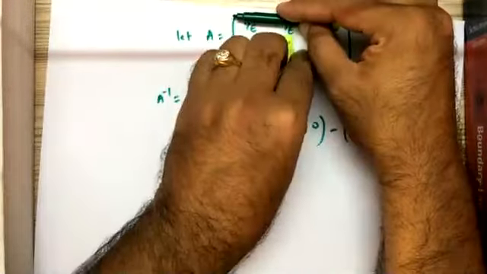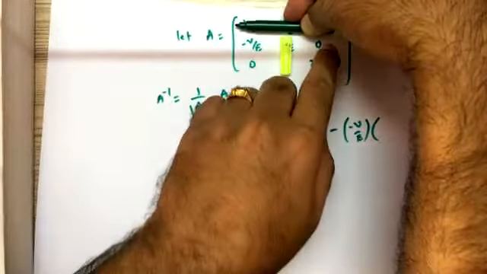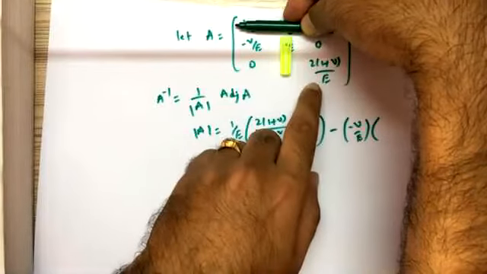What are they? Minus nu by E, 0, 0, 2 into 1 plus nu by E.